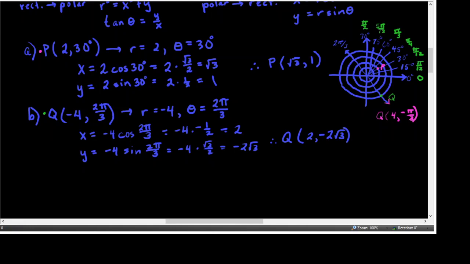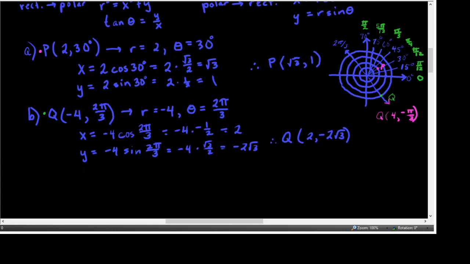Oh my, that's kind of scary, because what that means is, how many different coordinates are writable for any point in the polar grid? A lot, right?